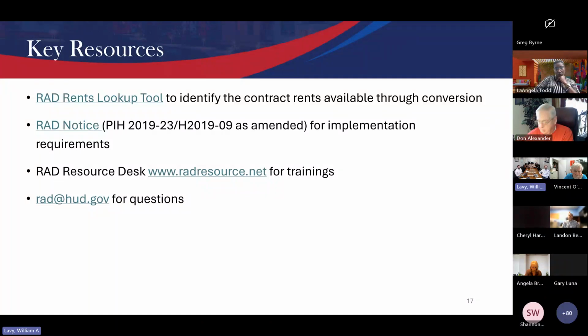If you just Google it, the RAD notice, you'll find the most updated version. The RAD resource desk has all sorts of available trainings for PHAs and partners. And then if you have questions, you can always reach out to rad@hud.gov, and they're great at answering those questions. Or if you just want to ask for a call and a conversation, we're always happy to do that too.